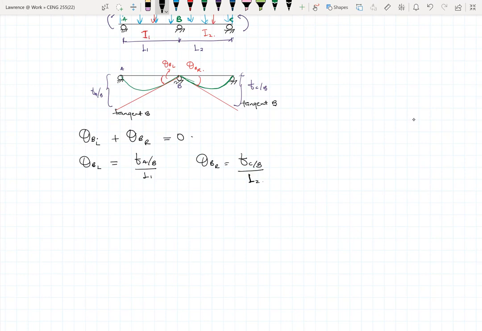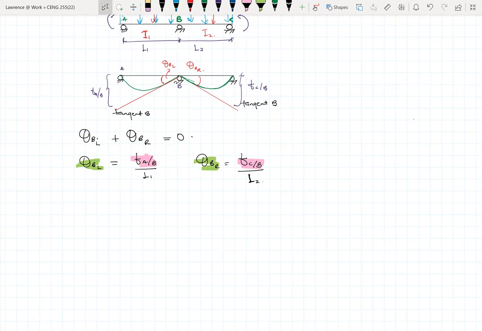So if I'm able to find TAB and TCB, the vertical deviations of these points using the tangent, I can use them to find theta BL and theta BR, and then sum these two up into the above equation. That is the general derivation that we are looking at.